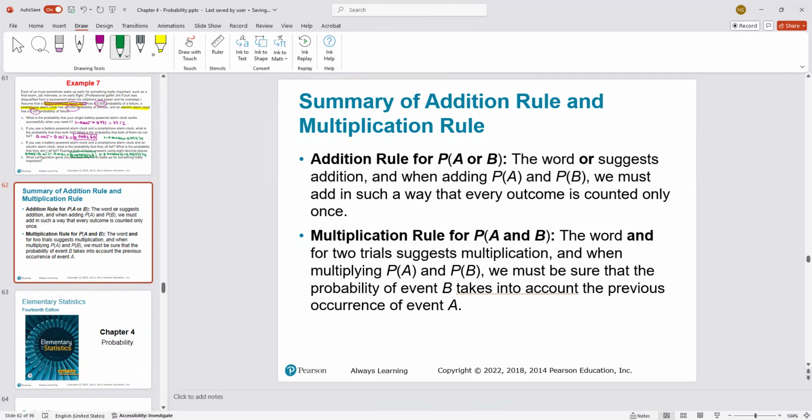We need to avoid overlap. Multiplication rule for A and B, the word and for two trials suggests multiplication, and when multiplying A and B, we must be sure that the probability of B takes into account the previous occurrence of event A.